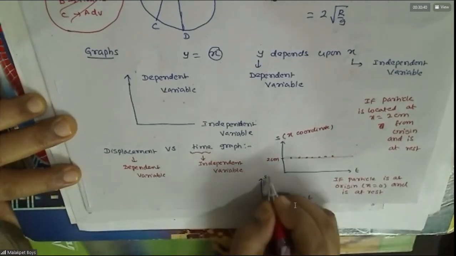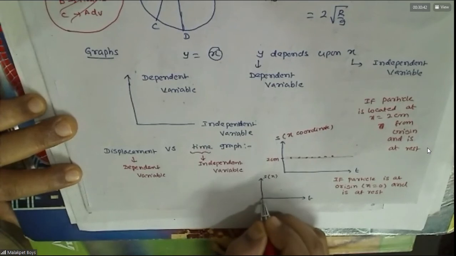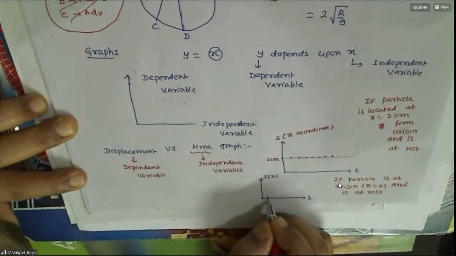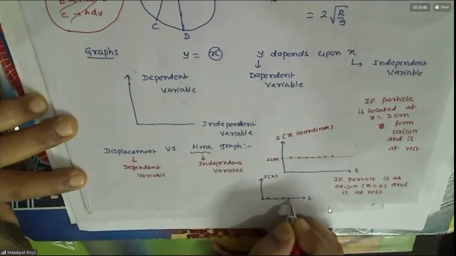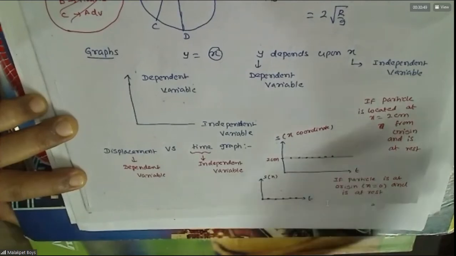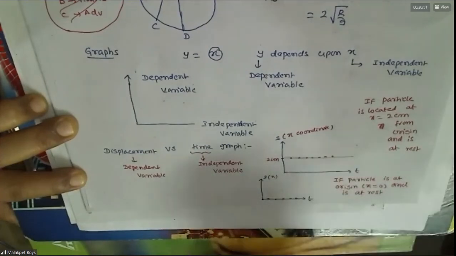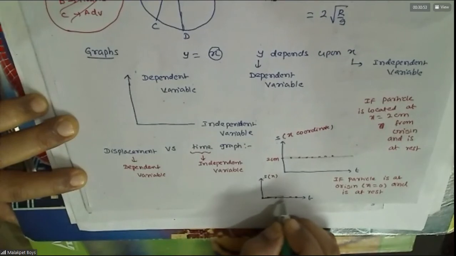That means this is the x coordinate. At t equals 0, it is at origin. x is 0, x is 0, x is 0 for any time. So we can see that it will be a straight line. This is the graph.